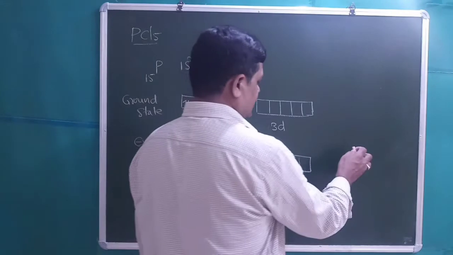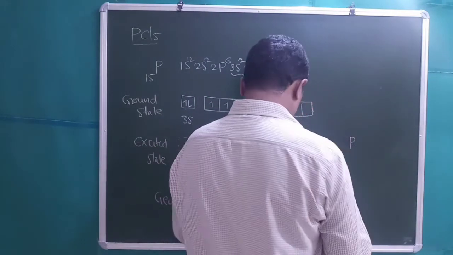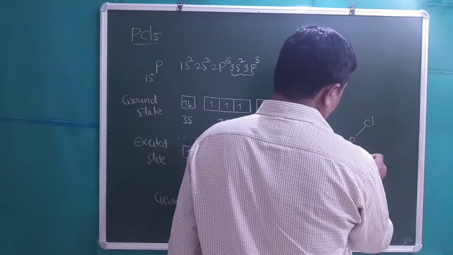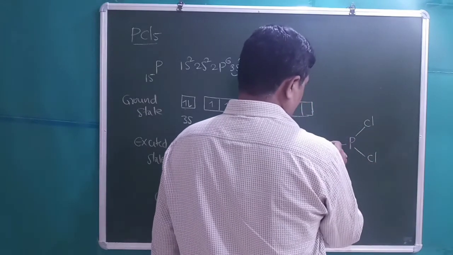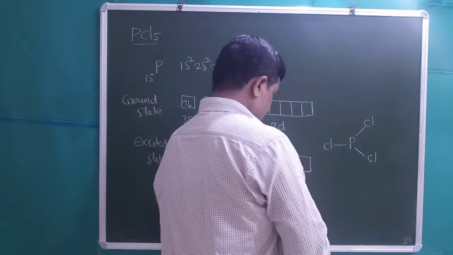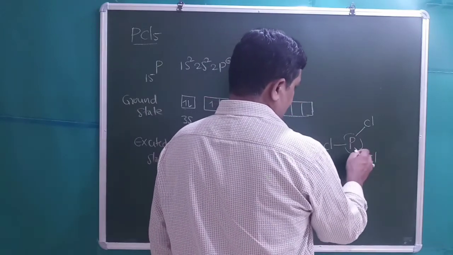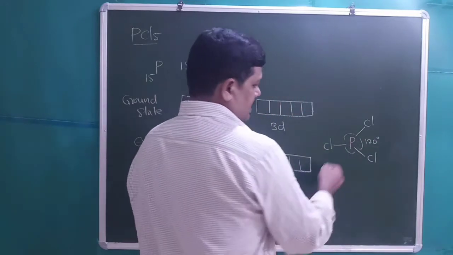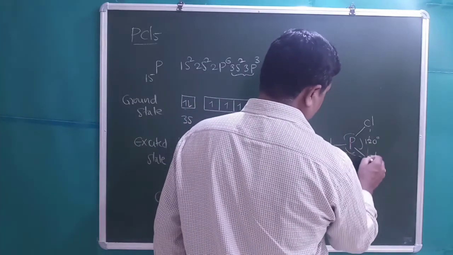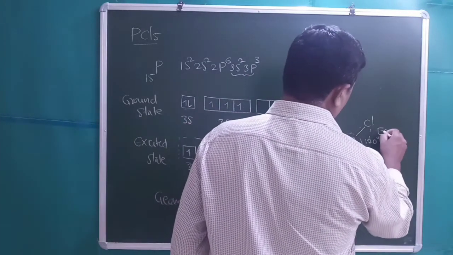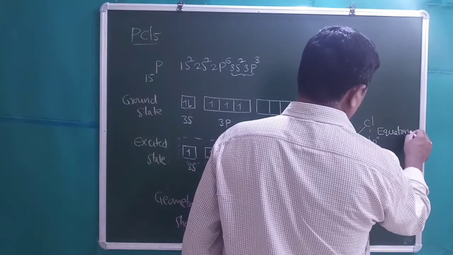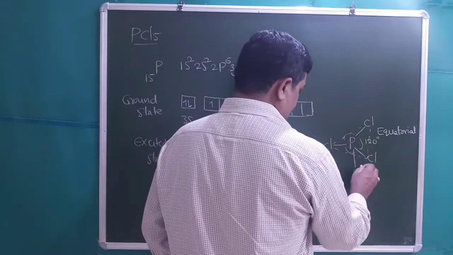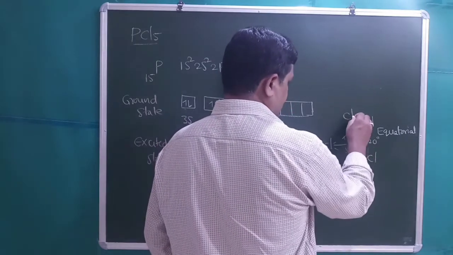So we can write the structure like this, students. Phosphorus, 3 Cl atoms are lying on the equatorial position. These angles all are equal, which is equal to 120 degrees. This position is called equatorial position. And 1 Cl is perpendicular, that is towards the observer, 1 Cl is into the board.